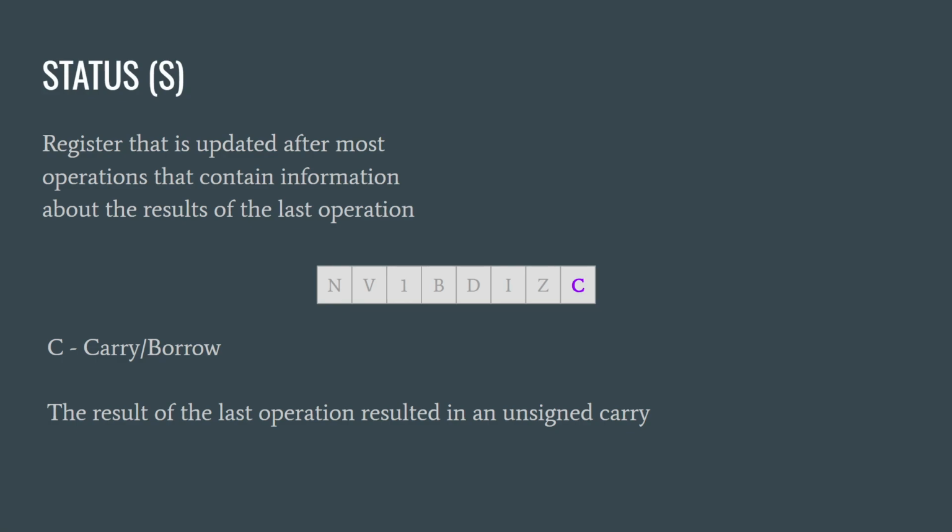The 6502 operates, like we mentioned in the last episode, on bytes. So if the result of the last byte had a carry, a 1 that needed to propagate to the next bit, but since it only has 8 bits, if something rolled over from a 1 to a 0 on the 8th bit, it needs to store that information somewhere, and so it stores it in this carry bit.